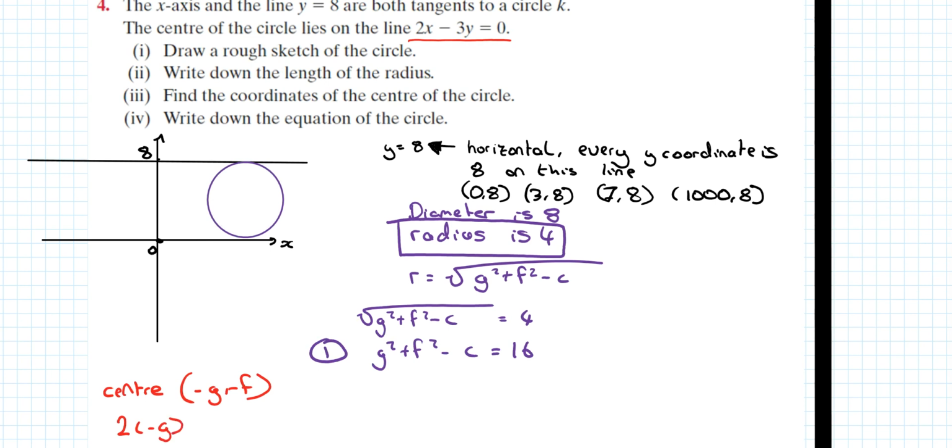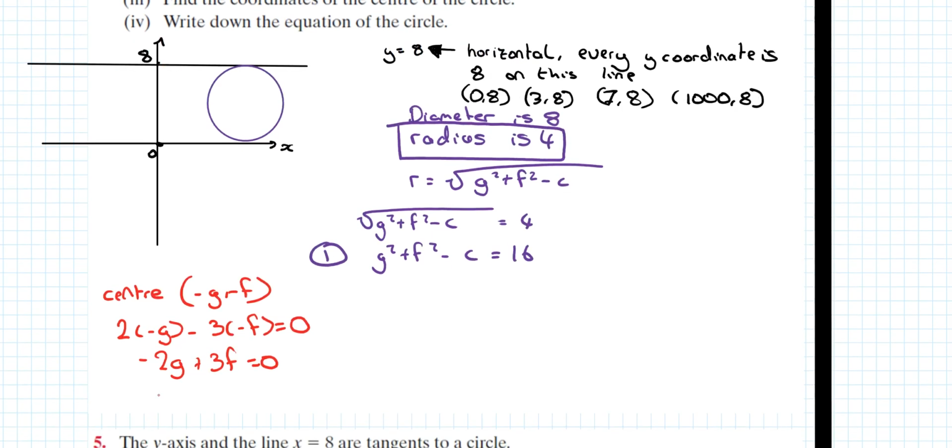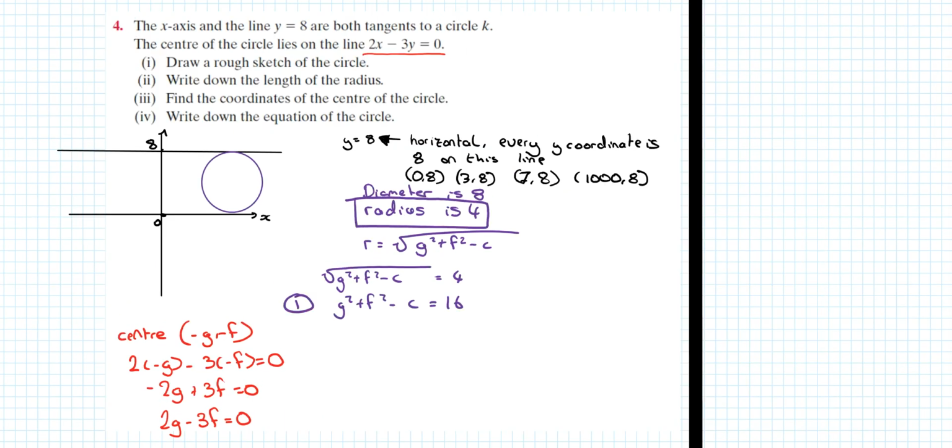So I could sub in minus g and minus f, and it should make sense. So I'm getting minus 2g plus 3f is equal to 0. And I like having the g's positive, so I'm going to go 2g minus 3f is equal to 0.